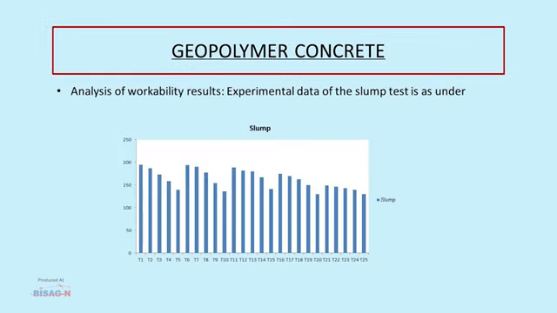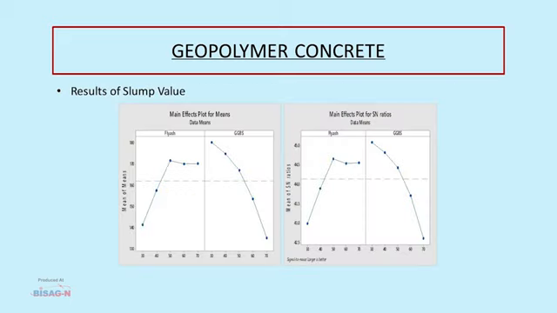Now, analyzing the results of the experiment, data was collected for the slump test, and the results are shown in the form of a bar chart. The results of the slump value show that 50% fly ash and 30% GGBS are the optimum values for achieving a higher slump value.